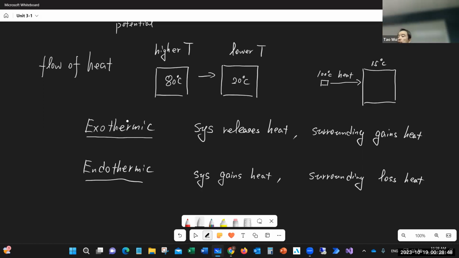So this is what happens for endothermic or exothermic. It really just depends on what system you're talking about.